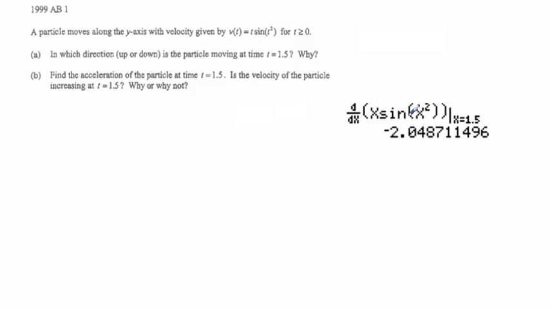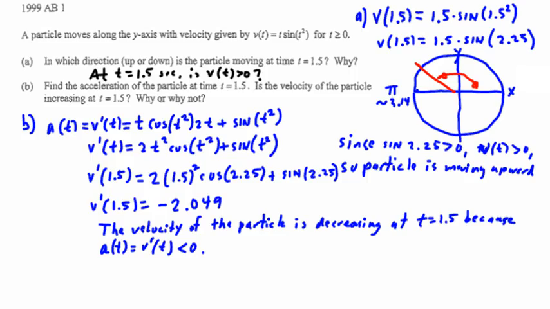Well, I put x sine x squared, and then put in 1.5 for x. That gave us the negative 2.049. So this was a calculator problem. I wouldn't have had to actually work all this out and take the derivative like I did. So anyway, good luck to you, and thanks for viewing.